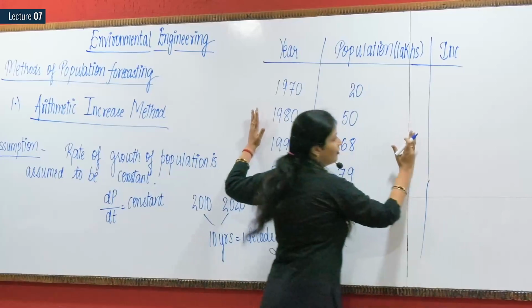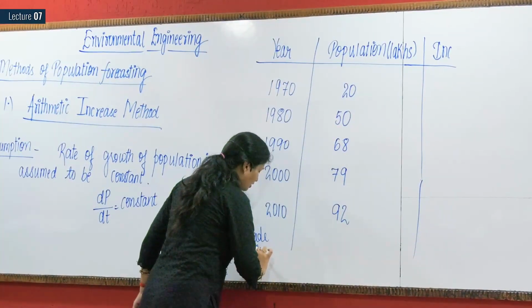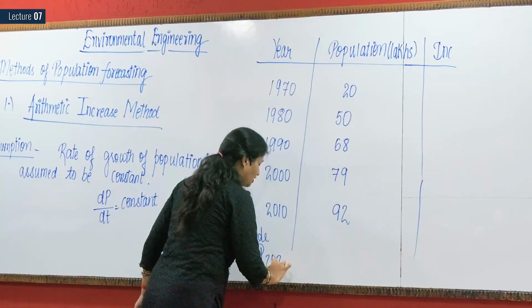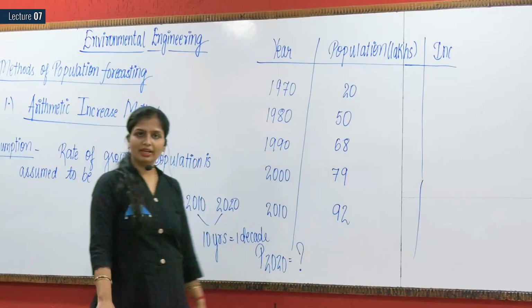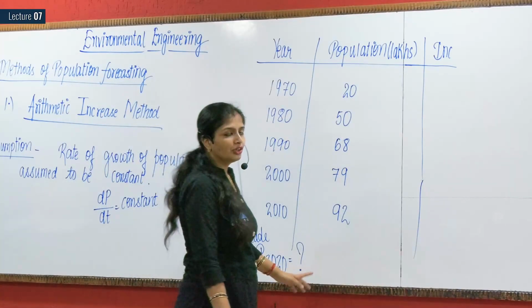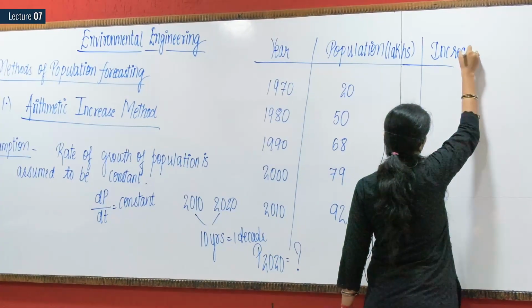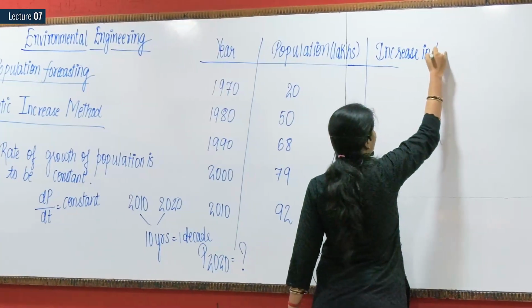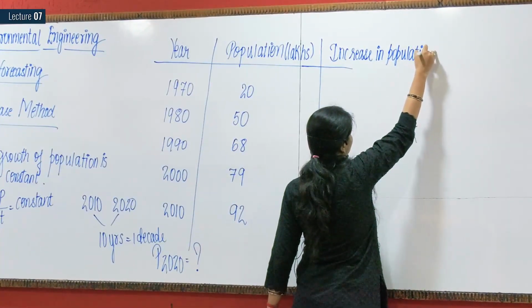This data was given to you in the question and they asked us to calculate the population in 2020. Fine. So now, first you will calculate the increase in population in every 10 years.